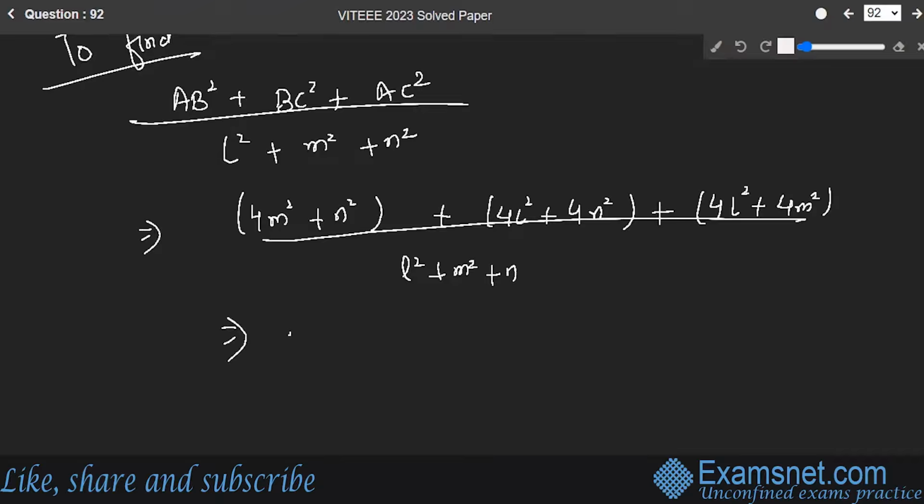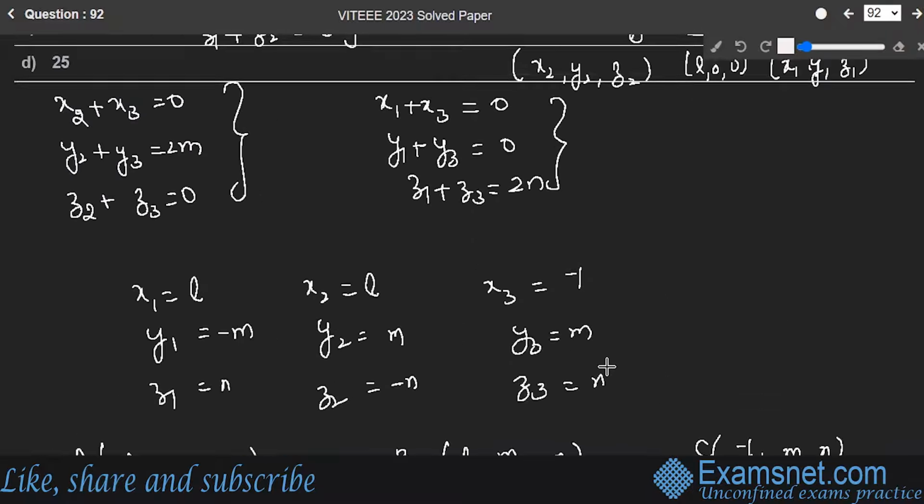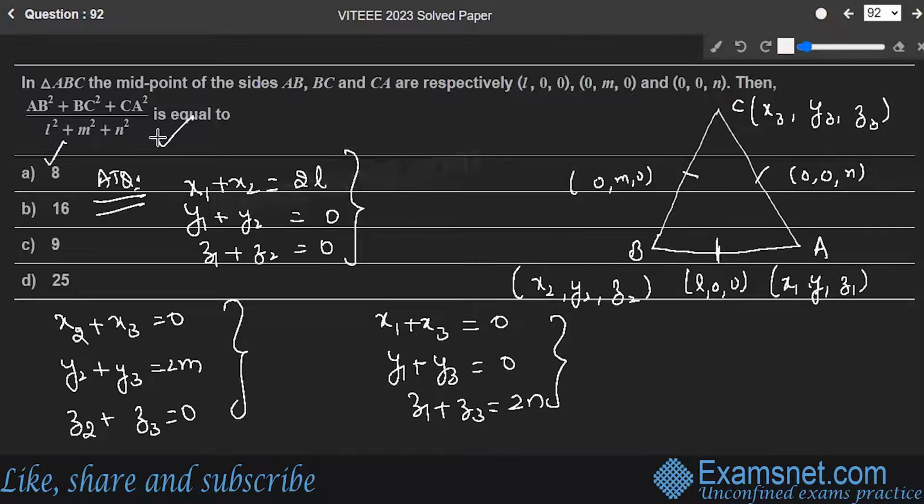This is going to give you 8 times (L square plus M square plus N square) divided by this. So that is equal to 8. The answer to the given question is 8. Option A is the answer. Hope you understood this.